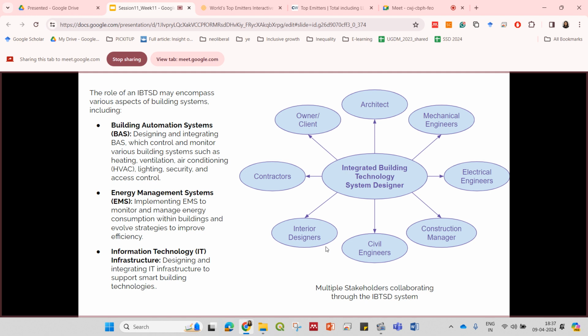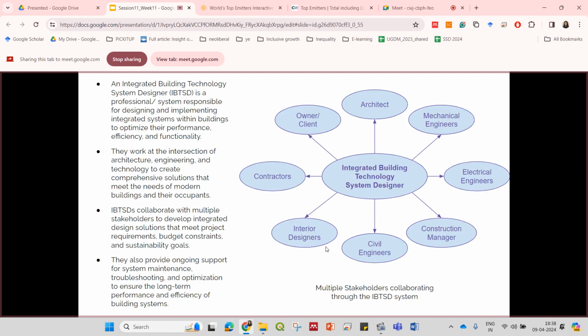You can then use the findings from that data to evolve strategies which can help you to improve the efficiency of energy systems in the building. Another thing is information technology infrastructure, which can be integrated into the building. For designing and integrating IT infrastructure to support smart building technologies, you again need integrated building technology system design. So, I hope this is clear.